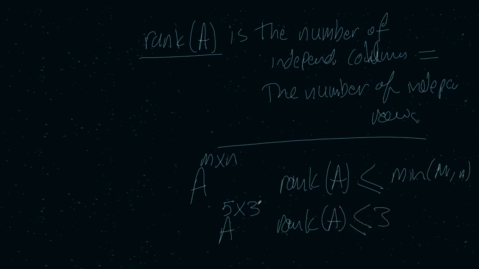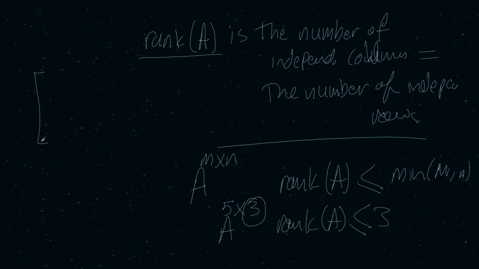So if we have 3 independent columns, then the rank of A will be 3. If there are some linear combinations, then we will have less than 3, for example 2, or even 1. I can show you a matrix which is 5 by 3, but the rank is 1.